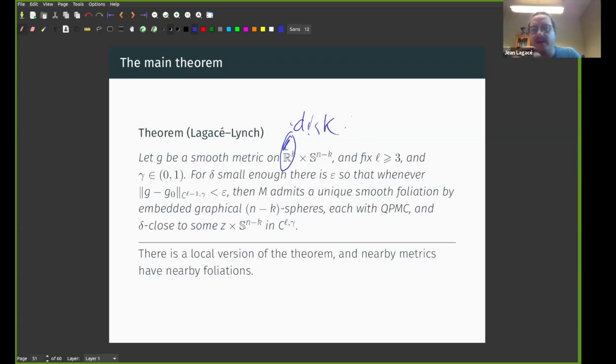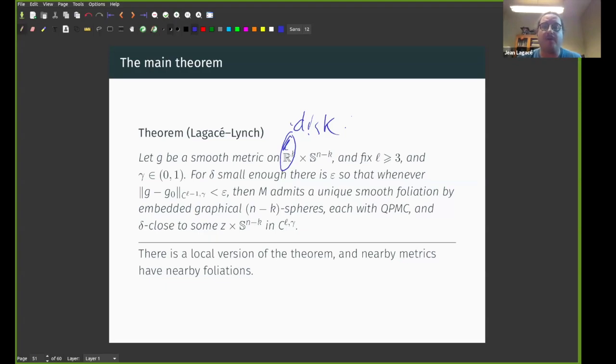It is also okay. Nearby metrics have nearby foliations. If two metrics agree on some open set, the foliations agree on that open set.